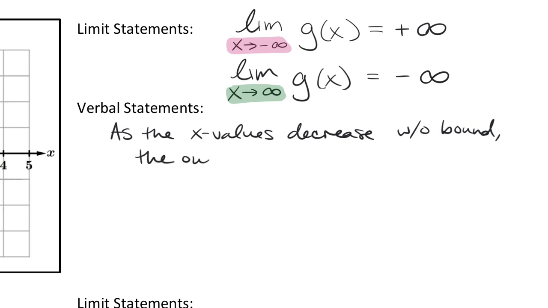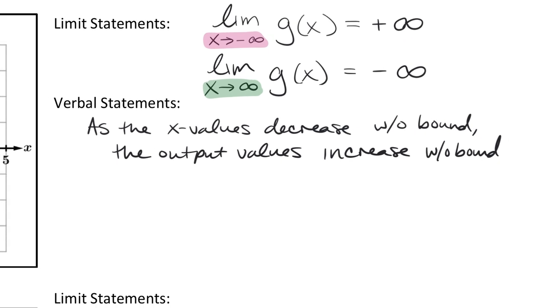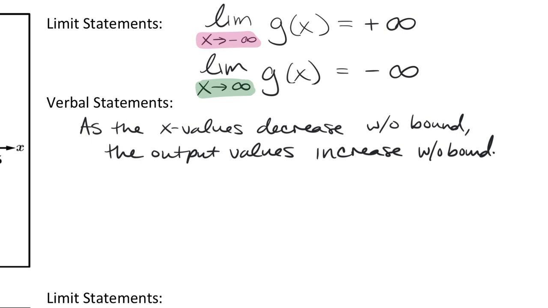The output values for this side, because we said positive infinity, we would say increase without bound. The without bound part literally is just saying goes to infinity. It's just math speak for that. So translating this limit statement into the sentence, we say as the input values, or x values, decrease to negative infinity, the output values go to positive infinity.